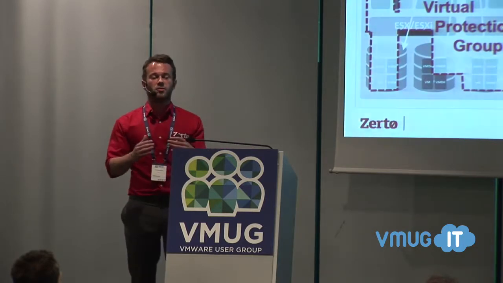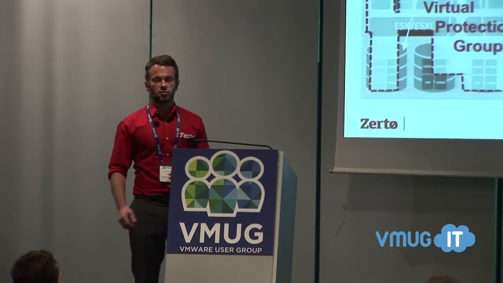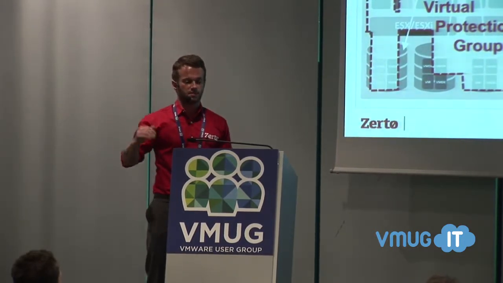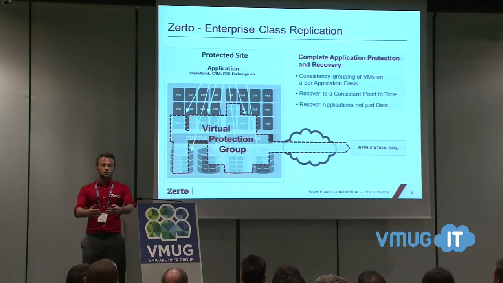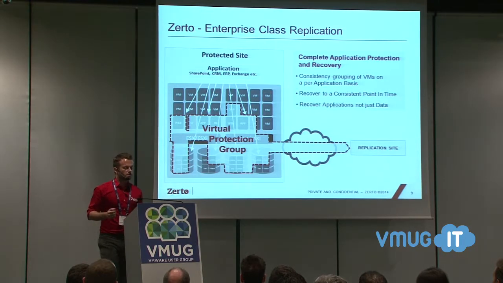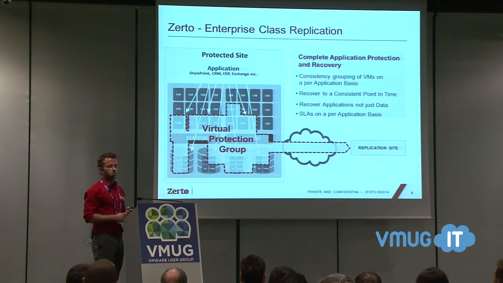If the VMs that form that application are at different timestamps, that can break disaster recovery. With Zerto, they are all at the exact same timestamp. We allow you to recover the whole application and not just the data. And we also allow you to specify SLAs on a per application basis.